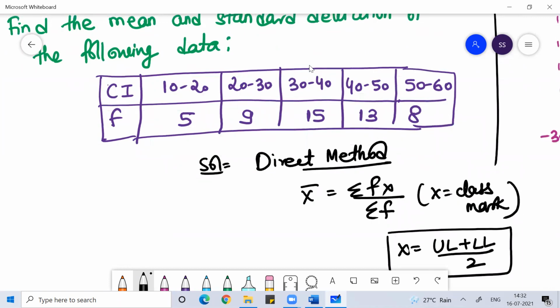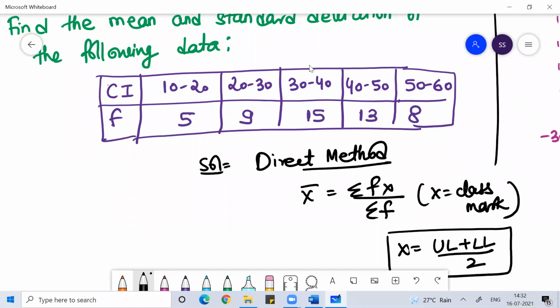Yes or no? Anyone, any doubt? You studied about them in the first chapter, in PU first. In the first chapter, you studied the frequency distribution, cumulative distribution, inclusive, exclusive, continuous, discrete data. Data can be discrete or continuous in nature.